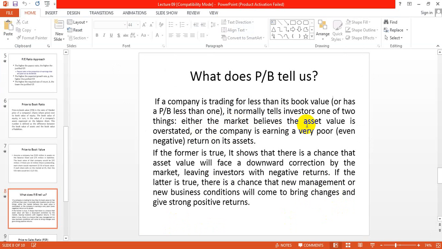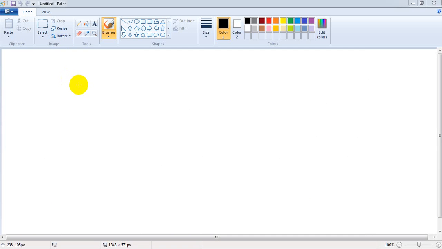Either the market believes the asset value is overstated. So now see, this is price, this is book value. Now see, what does it mean basically? Suppose the market price of share is 5, and book value in the books is 6.